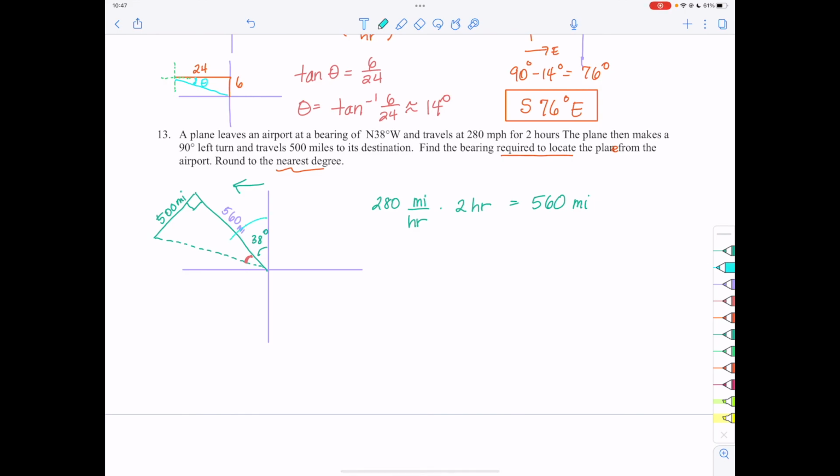So we want this angle. So we will be going west from north, okay? So let's go ahead and first find theta.